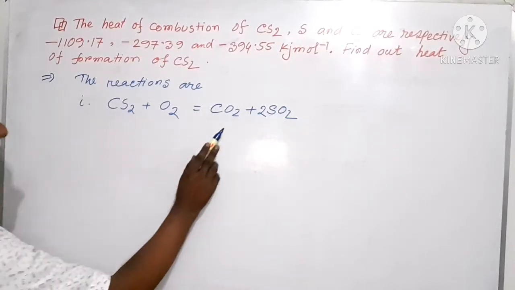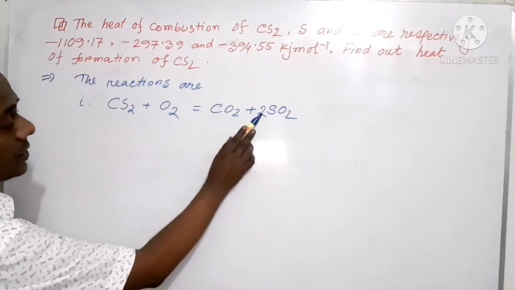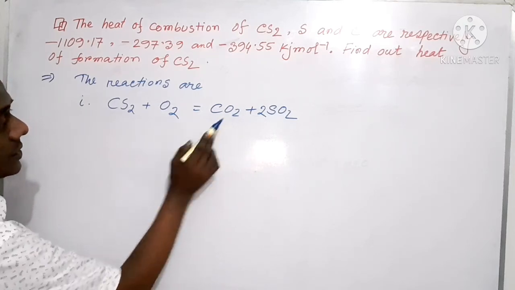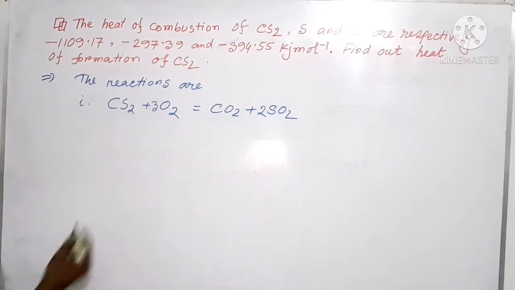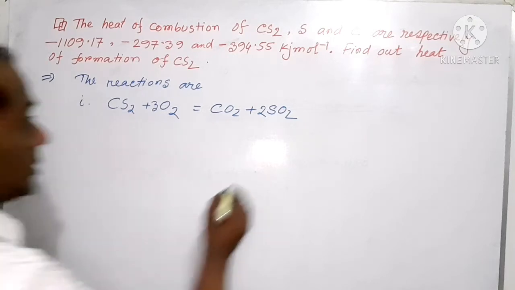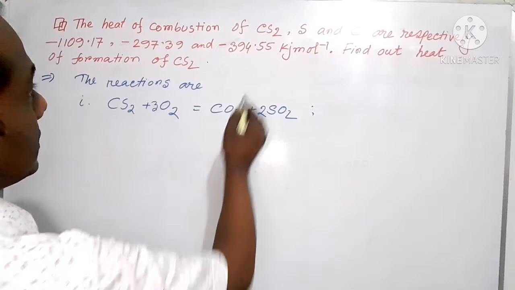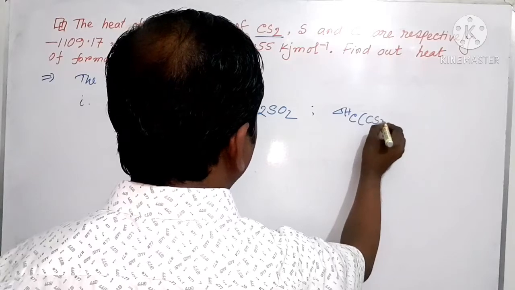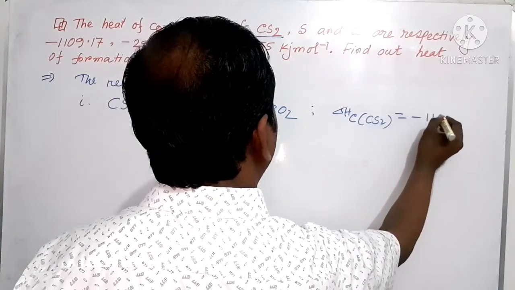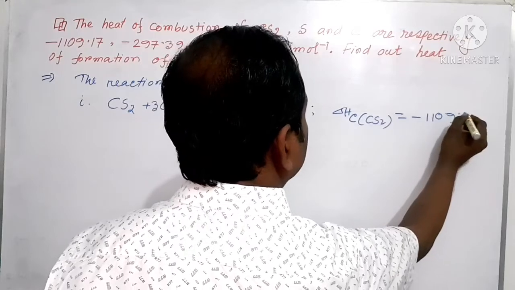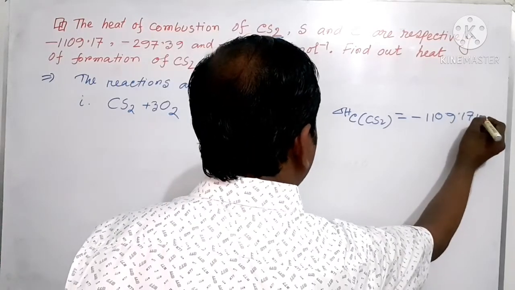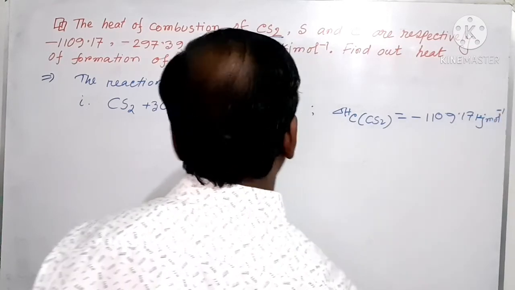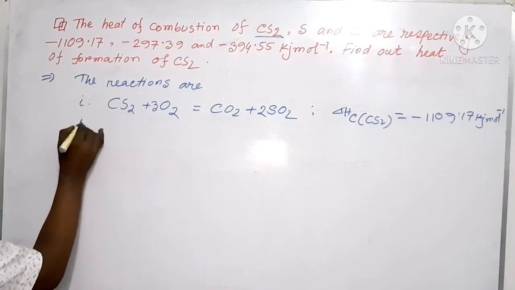To balance the oxygen, here 2 into 2 is 4 oxygen, and here 2 plus 4 is 6 oxygen, so we have to multiply by 3. The heat of combustion, del HC of CS2, equal to minus 1109.17 kilojoule per mole.